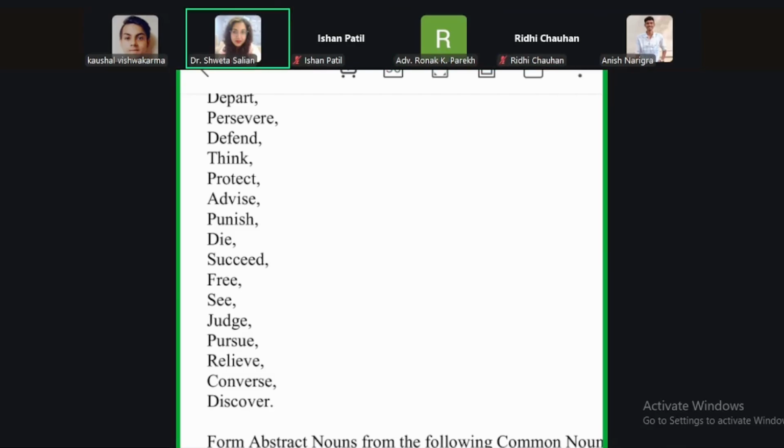Okay, and you have one more: the sight. The act of seeing would be sight, and someone who is actually trying to seek something, say for instance life. So seeker is also an abstract noun used for seek.